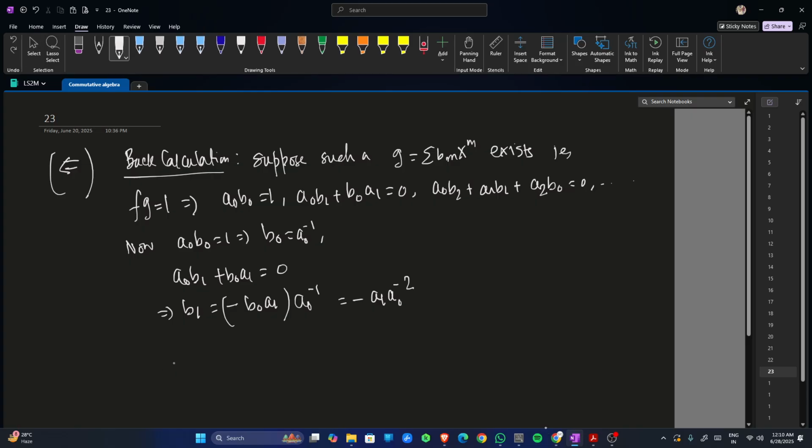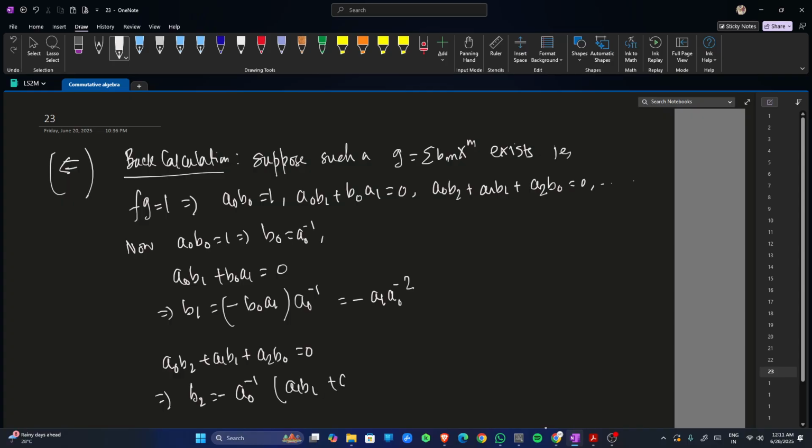Now from a0 b2 plus a1 b1 plus a2 b0 equals 0, I know a0, and I want to find b2. So b2 is a0 inverse times minus a1 b1 plus a2 b0.